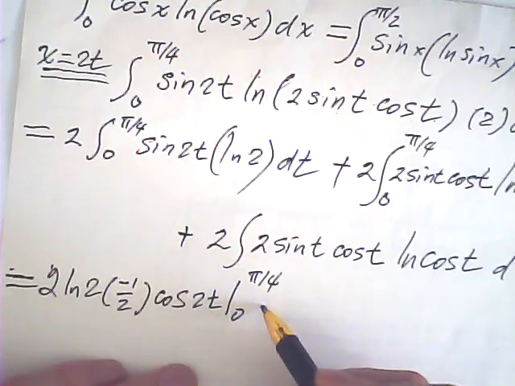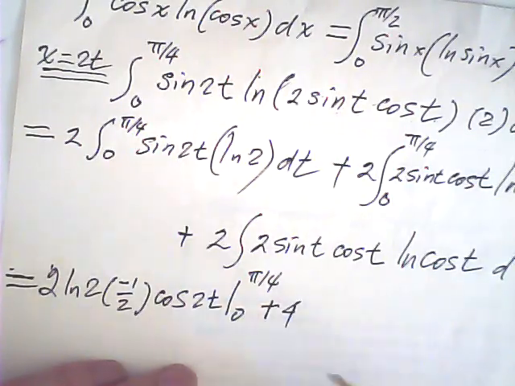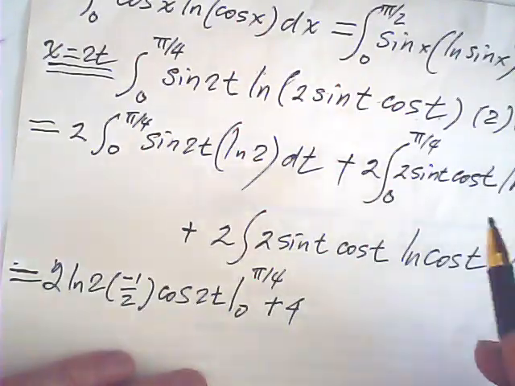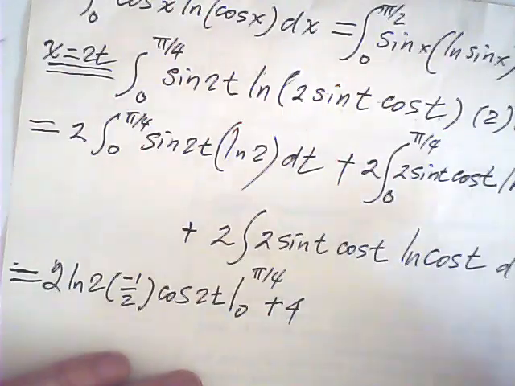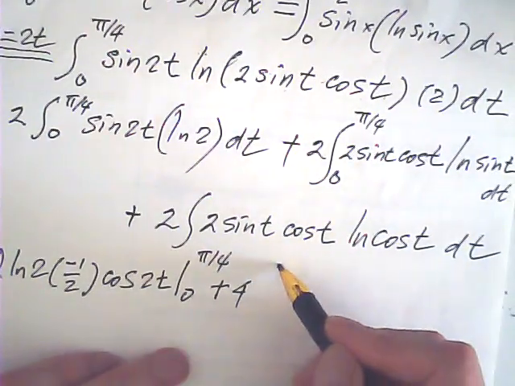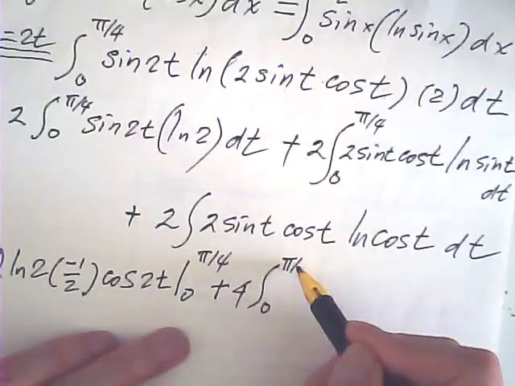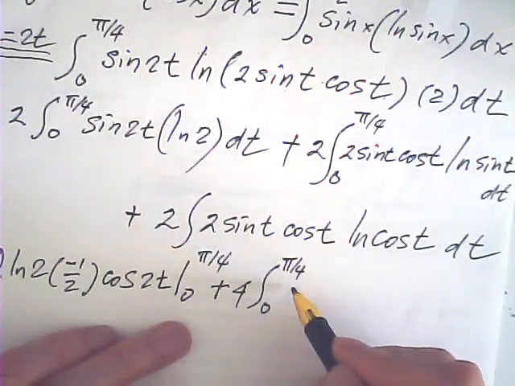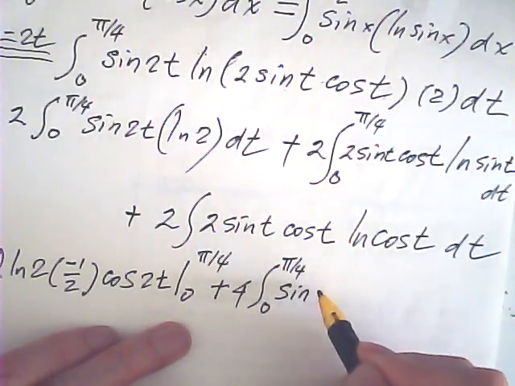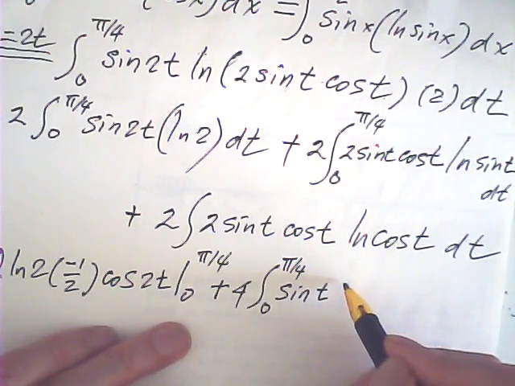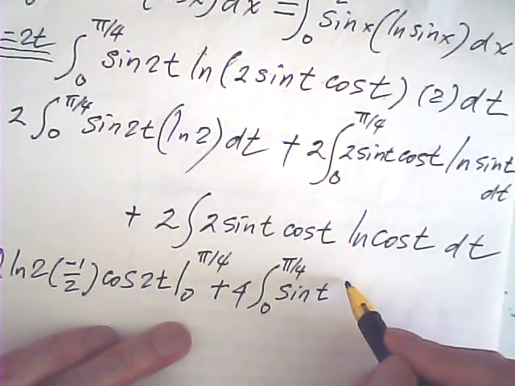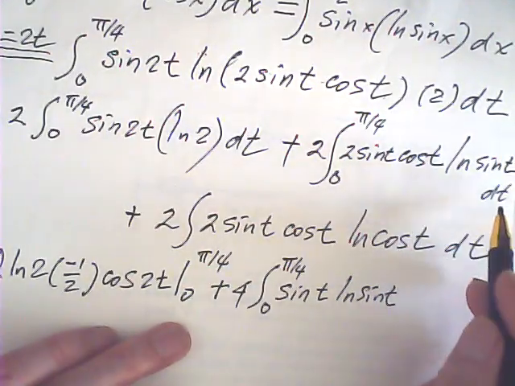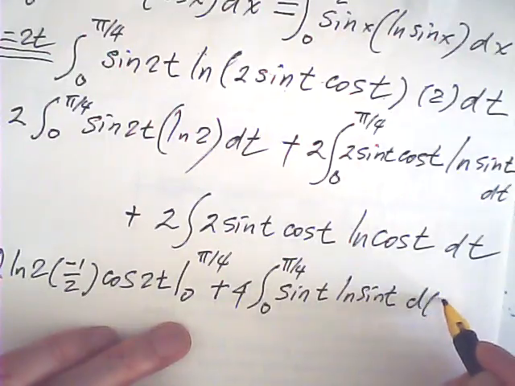The next one is 4 sine cosine log sine. I can change it into sine t log sine t, and the cosine dt is a d sine.